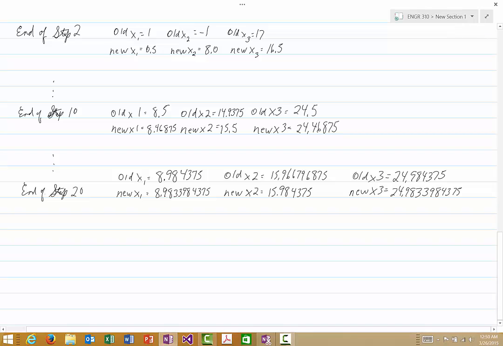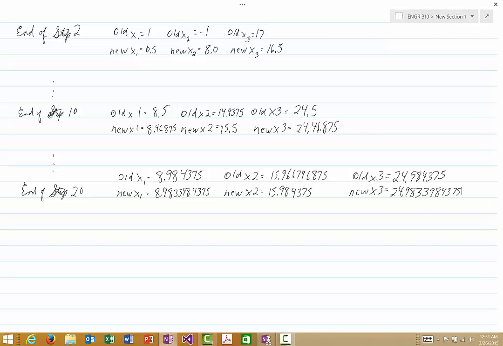And you can see that now we do have pretty close agreement on all three of the x's. The old and new values of x1 are certainly quite close. The old and new values of x2 are quite close, as are the old and new values of x3. So, you would have some convergence criterion to decide when to stop this iteration procedure.